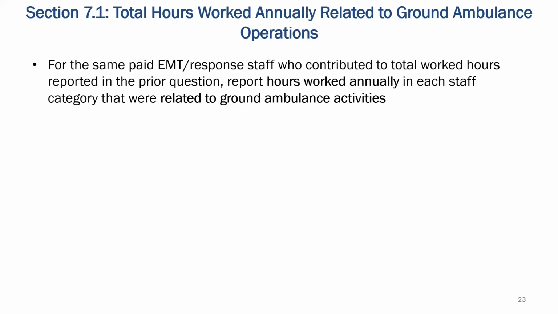It's important to make sure that you're providing some breakout of hours worked for staff that perform a couple functions, hours worked for ground ambulance versus everything else. Some organizations do this based on the share of calls that are medical versus not. Organizations have a variety of ways to make this distinction.